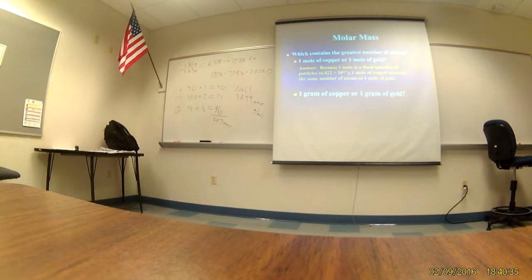So a mole of copper weighs less. So if I have 1 gram of each, I am closer to having 63.5 than I am to having 197. And so I have a larger percentage of a mole of copper than I do a mole of gold.